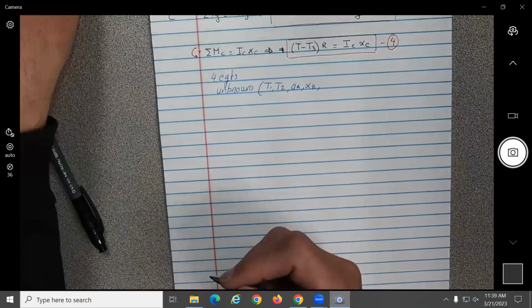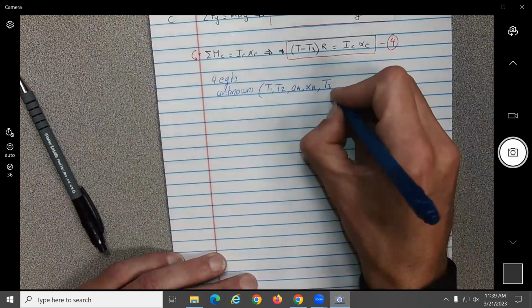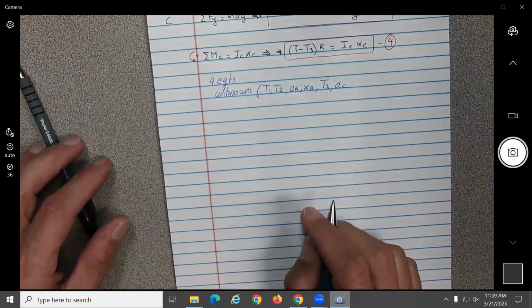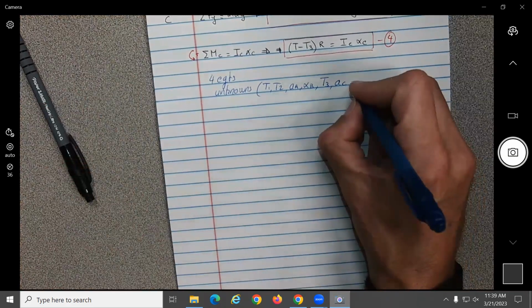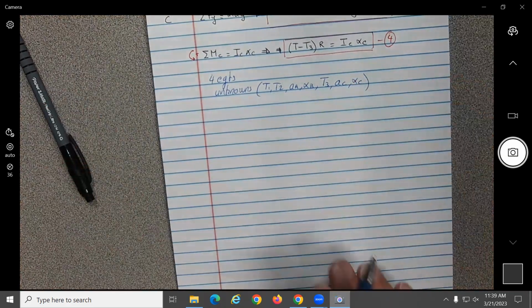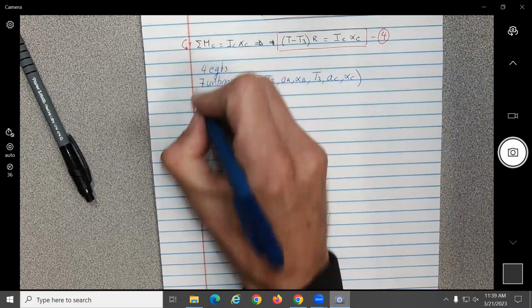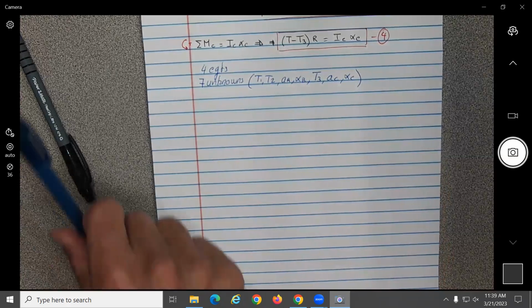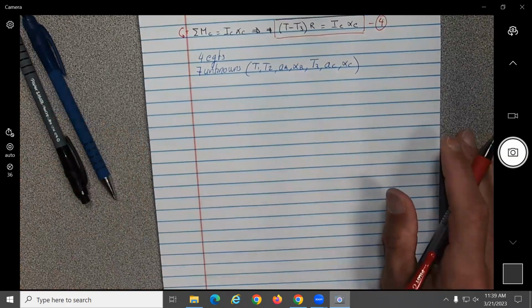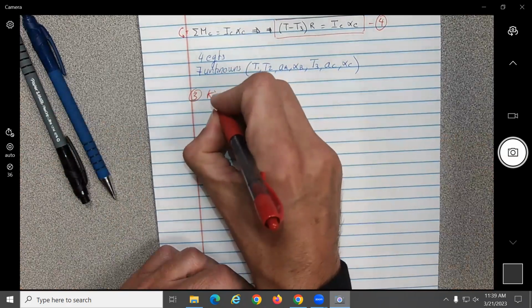Then from 3, T3 and a sub C. And from 4, nothing new, alpha C. So now you count them: 1, 2, 3, 4, 5, 6, 7. So what does that mean? We need to find 3 additional equations, no? Where are we going to go get those additional equations? Perfect, we go to kinematics.